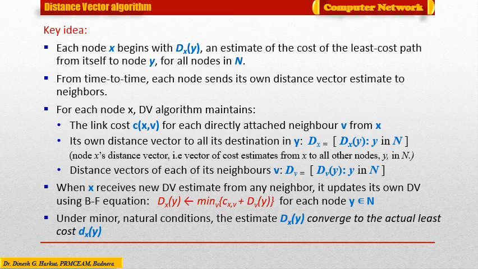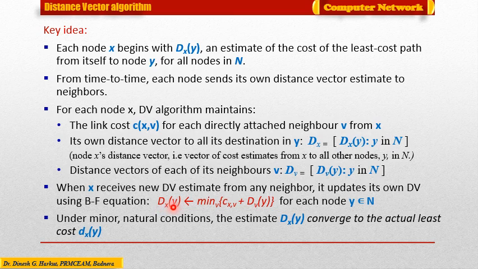In the distributed asynchronous algorithm, from time to time, each node sends a copy of its distance vector to each of its neighbors. When node X receives a new distance vector from any of its neighbors V, it saves V's distance vector and then uses the Bellman-Ford equation to update its own distance vector as follows.